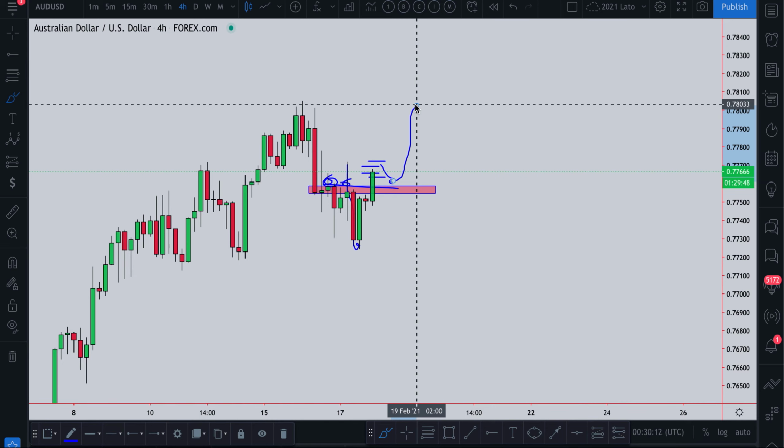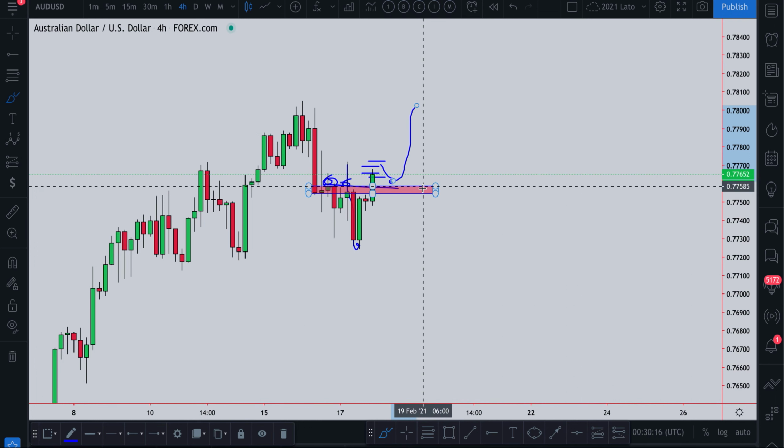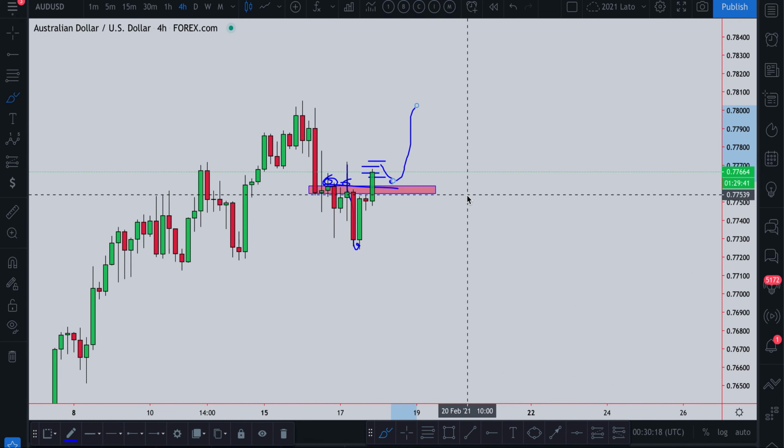That's what I can see. So we still have to wait for a couple of hours, and let's see if it can provide that sort of opportunity, and we may look for a long opportunity.